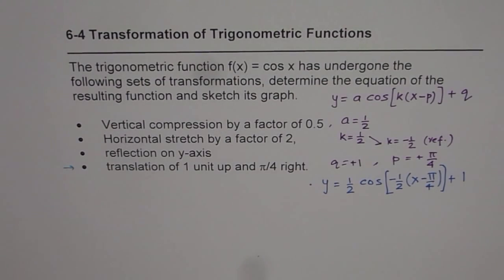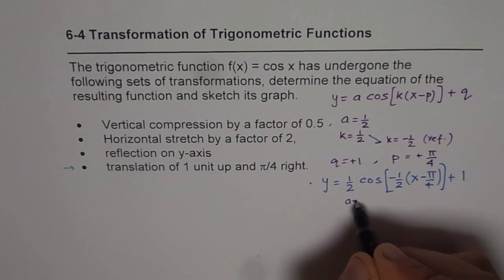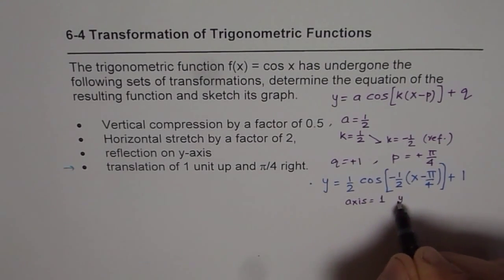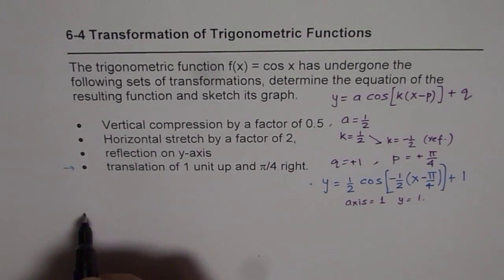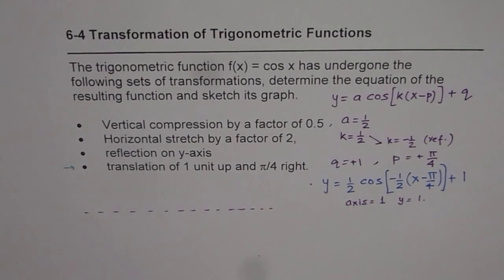Let me write down the parameters which are of my interest in order so that we will follow those steps and then sketch them, right? So first thing we learn is the axis is at y equals 1, right? That means this is my axis. Do you see this? I'm just drawing an axis first.